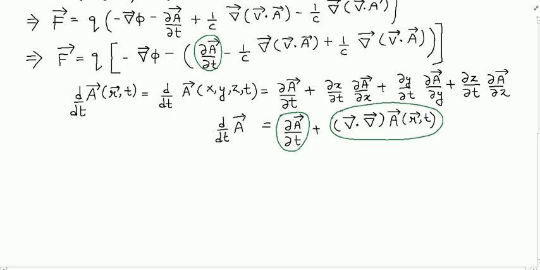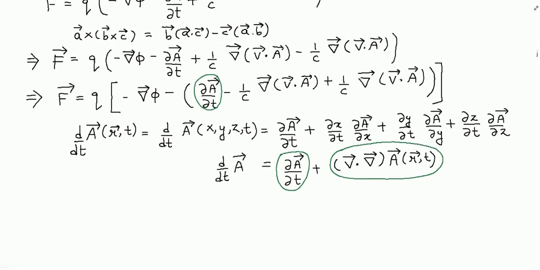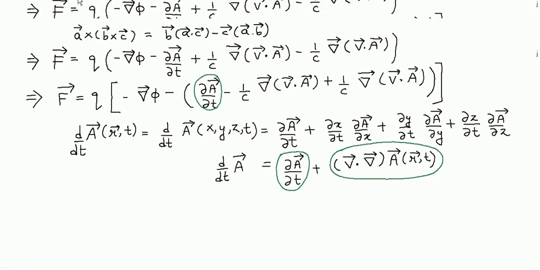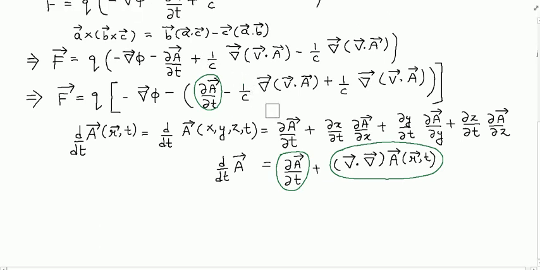I think we made a small mistake somewhere. Let's give a quick check here where I was. So here we have v dot del on a, which is here, and here we have del v dot a. Okay, so we made a small mistake, so let's rectify it.